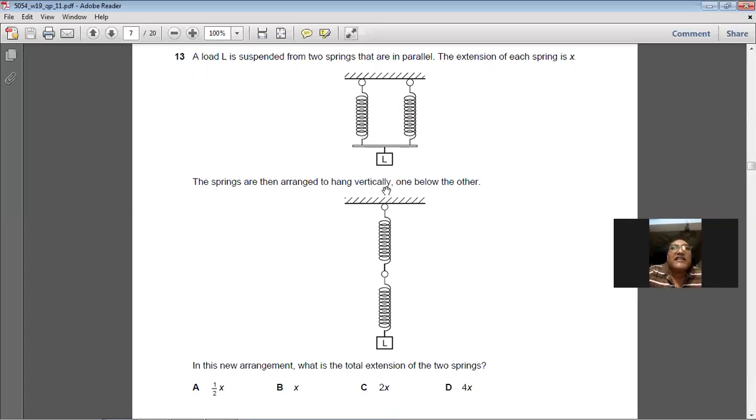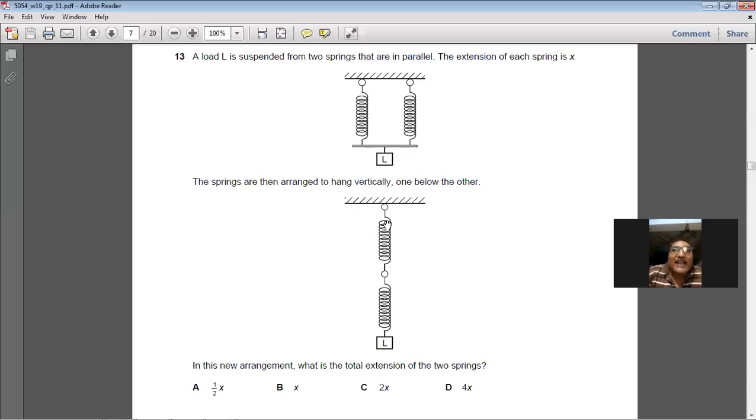The springs are then arranged to hang vertically, one below the other. So now the full load L is experienced by this spring, and by this spring also. When half the load was experienced by a single spring, the extension was X. Now when the full load is experienced, the extension produced will be 2X, and this spring will also have 2X extension.